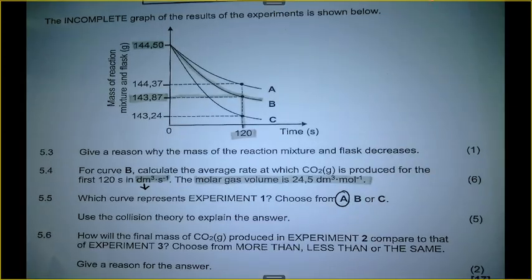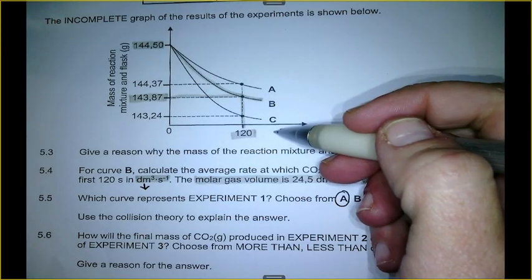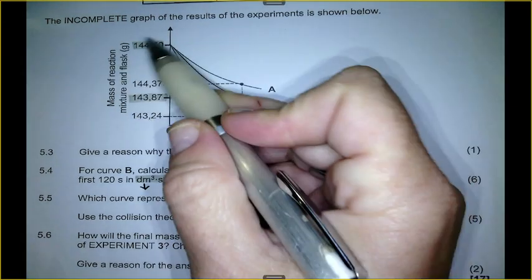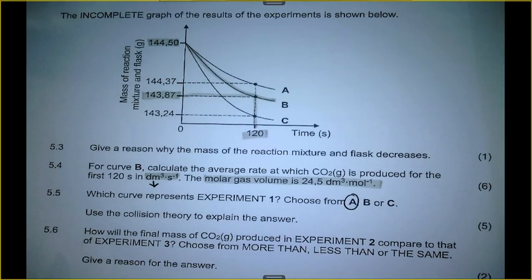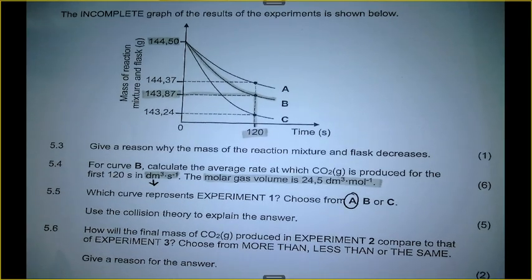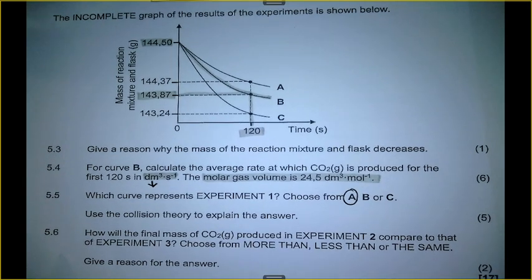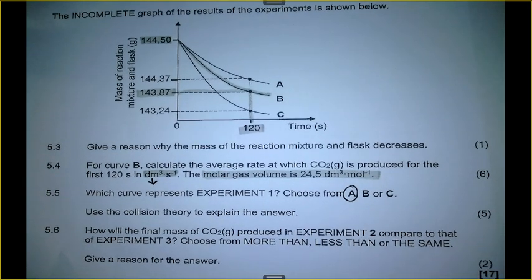The mass of all the containers starts out being the same, and so I can only assume that you're starting with the same mass of magnesium carbonate in each reaction.